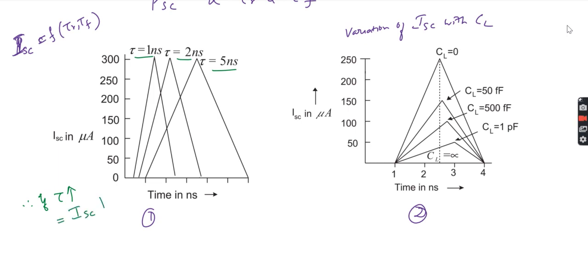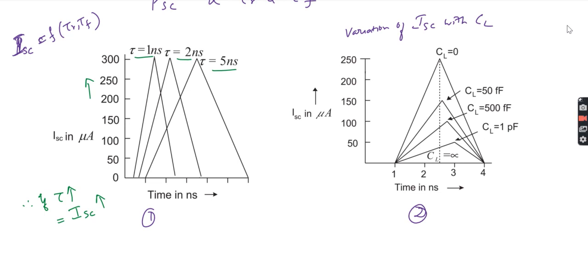The short circuit current also increases. You can see that it's in the microampere. So as the rise time increases, your ISC also increases. That is the first observation we can make.